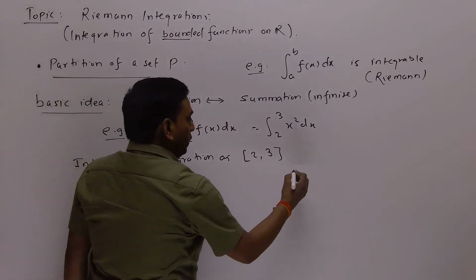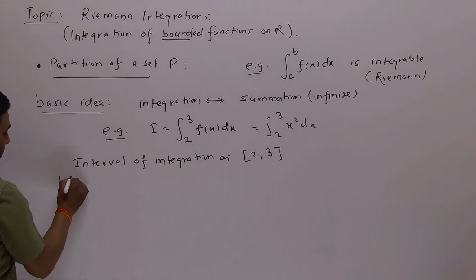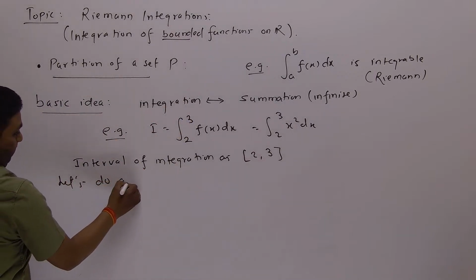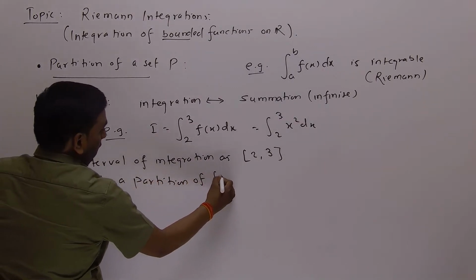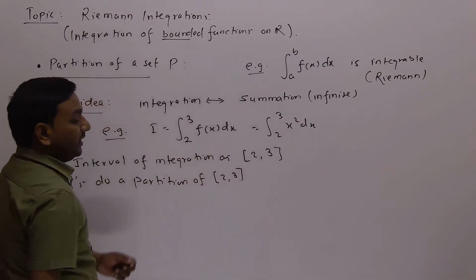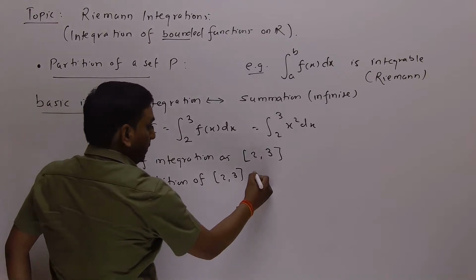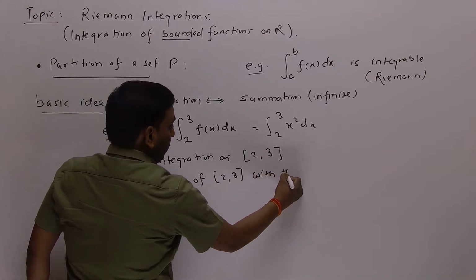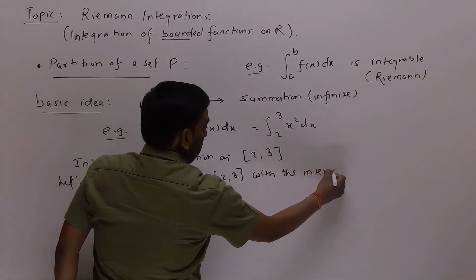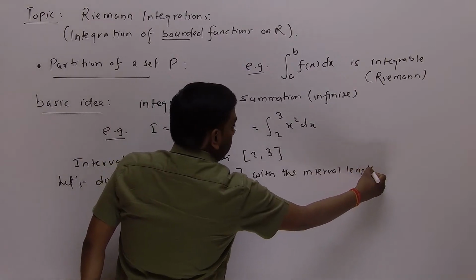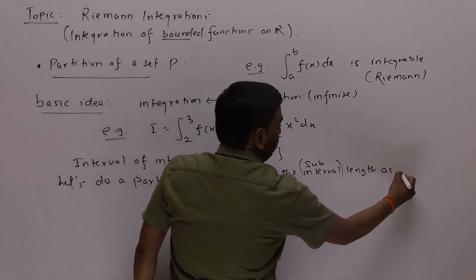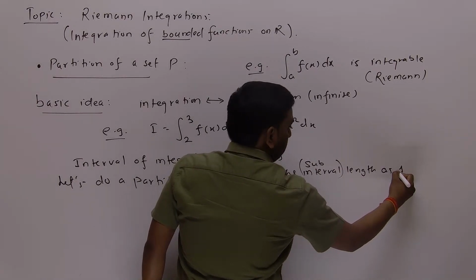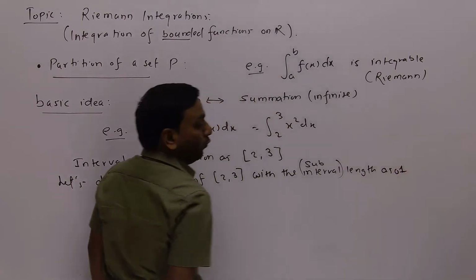Let's do a partition of the interval 2 to 3 with the subinterval length, for example, 0.1.